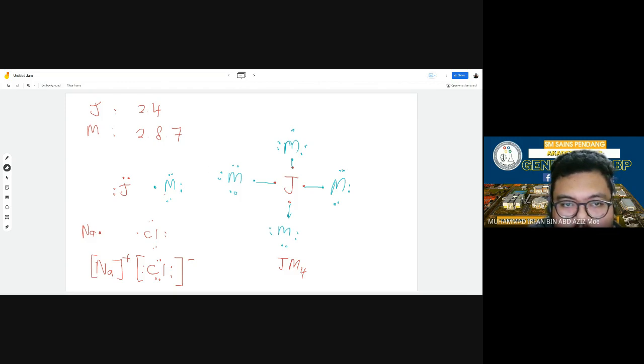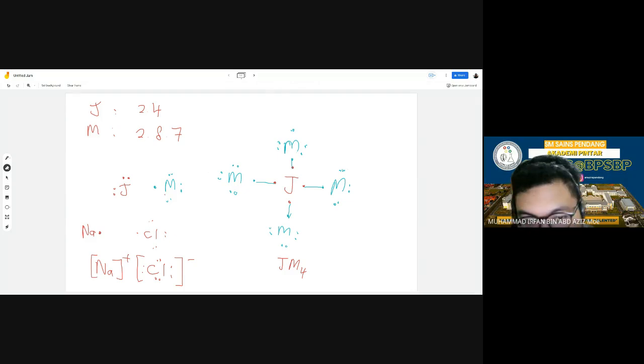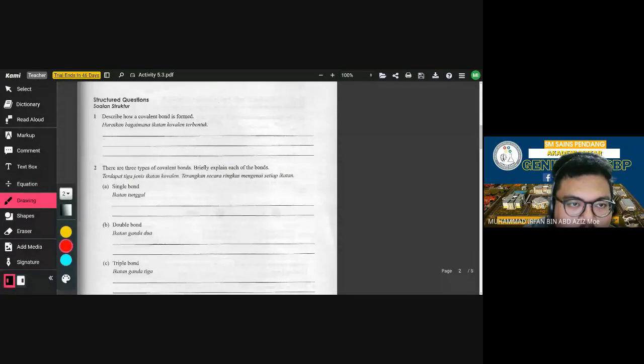Okay, so number 1. Describe how a covalent bond is formed. This question is usually only 1 mark. So how do you get 1 mark? It can be 2 or 1 mark.